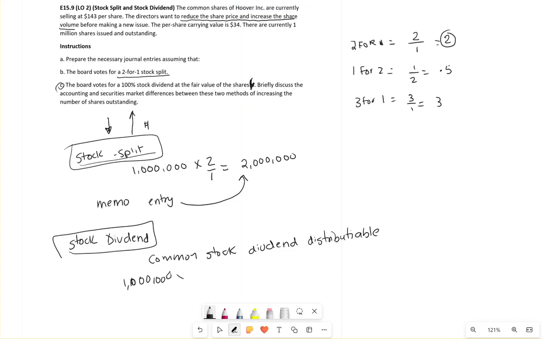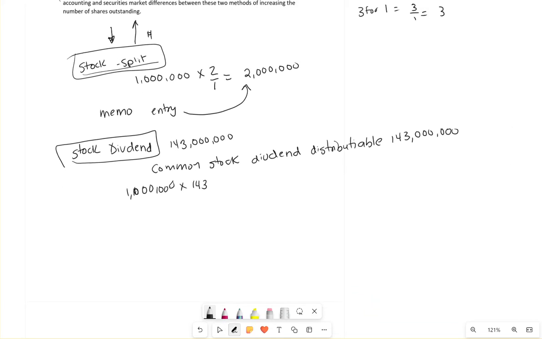In this case, what we're doing is we're issuing a stock dividend at the fair value of 143. Debit will be your stock dividend of 143 million. Then what we're going to do is distribute it.